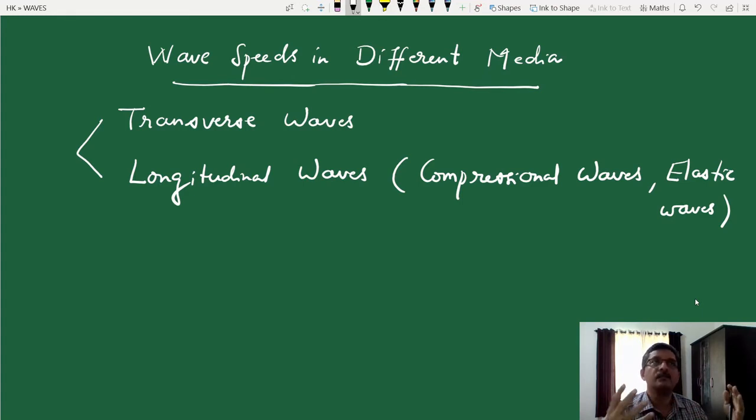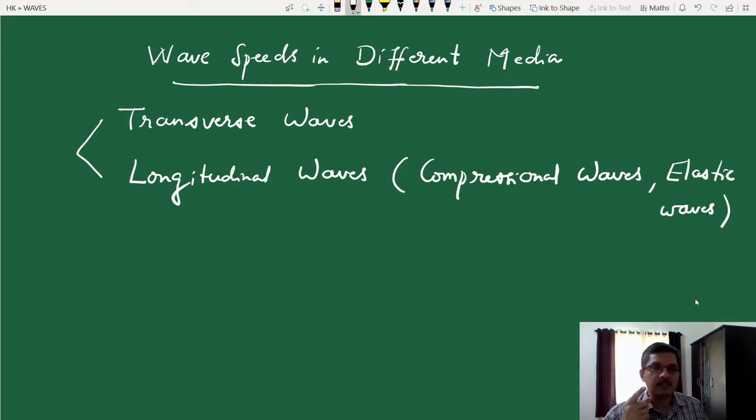For example, we can visualize an electromagnetic wave as, let us say, electric field vibrating along the x direction and magnetic field vibrating along the y direction. The wave will be propagating along the z direction. So the propagation of the wave is perpendicular to the vibrations of both electric field and magnetic field. So in that sense, an electromagnetic wave is also a transverse wave.